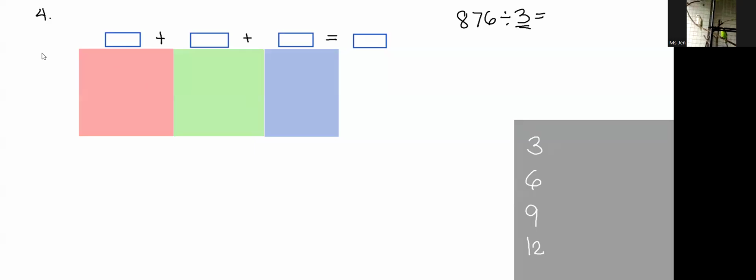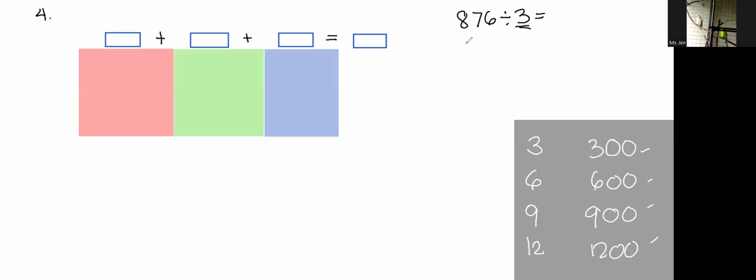The reason we want to skip count by hundreds is because of this 800 number right here. So we pretty much just copy the 3, 6, 9, 12, but instead we're actually talking about 300, 600, 900, 1200. So this is the one that you will actually use.